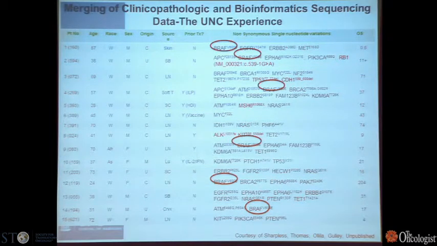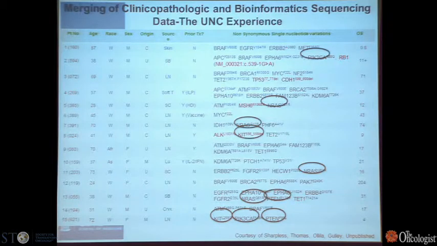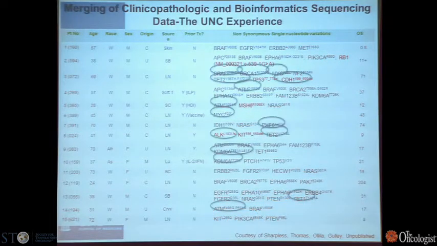We were able to find the common mutations in these 15 patients. They were also able to find the less frequent mutations, the N-RAS, the PTEN, the c-KIT, but also to identify mutations in genes that have not been previously described.